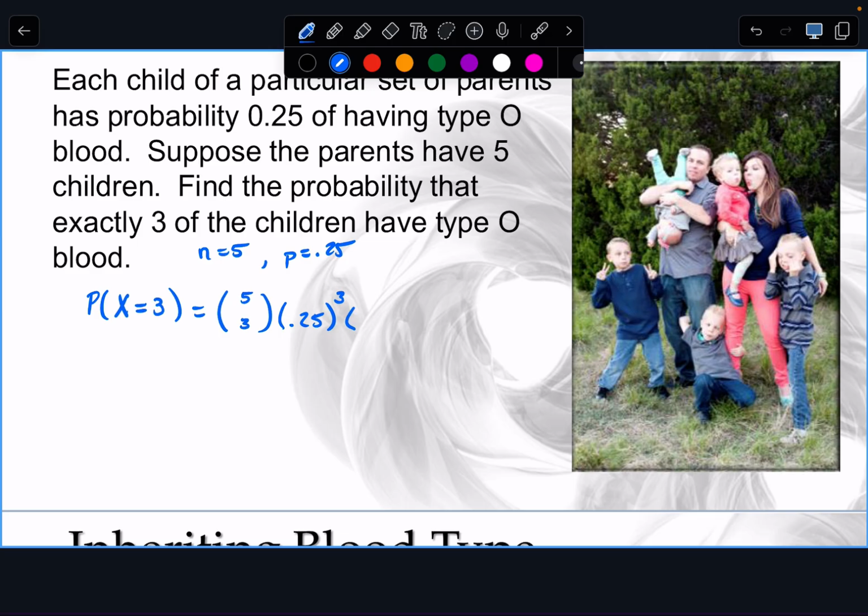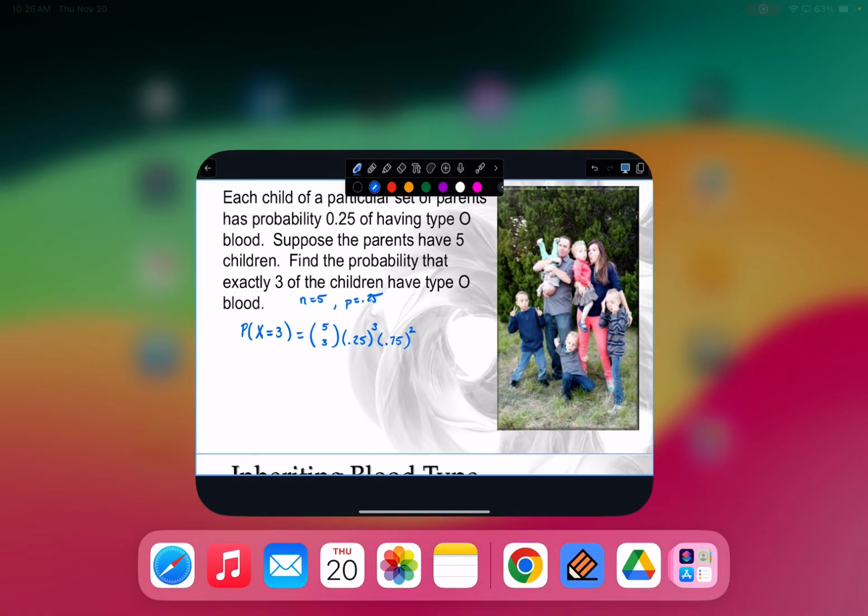Next part, probability that I fail. And how many fails do we want? 2. So I've got 5 total trials. If 3 are going to be successes, 2 need to be fails. And so if we fill it in that way every time, like I said, the formula becomes a lot less complicated to remember. Now, as far as plugging this in the calculator, so go ahead and get your calculators.